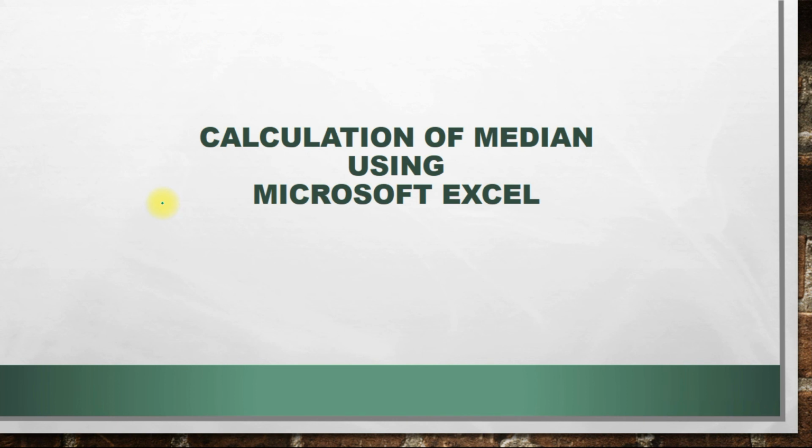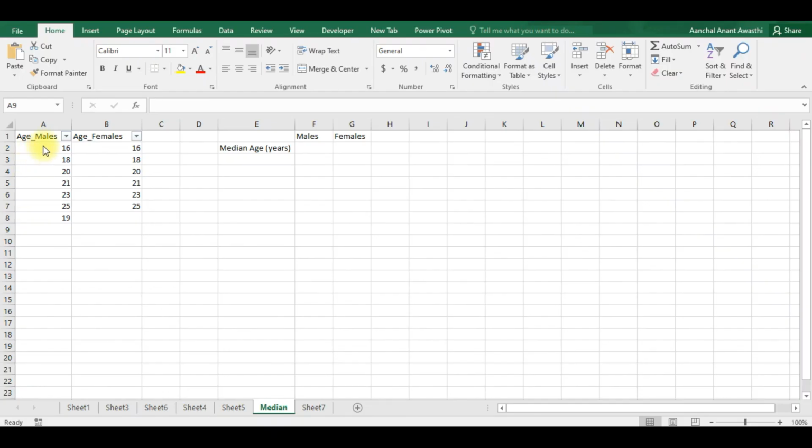Now we will discuss how to calculate median using Microsoft Excel. So we have here two series, the same data set we had in the slides. In the male series, let's see how many observations there are.